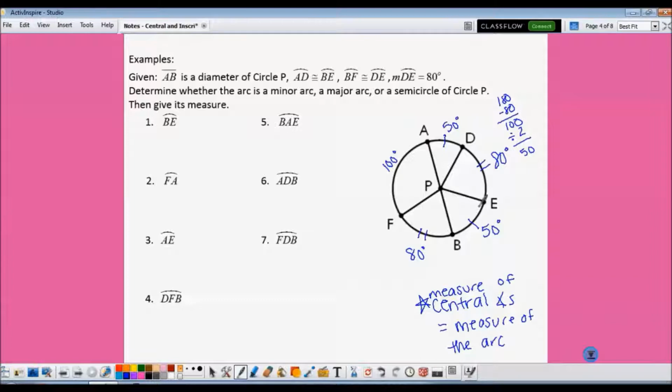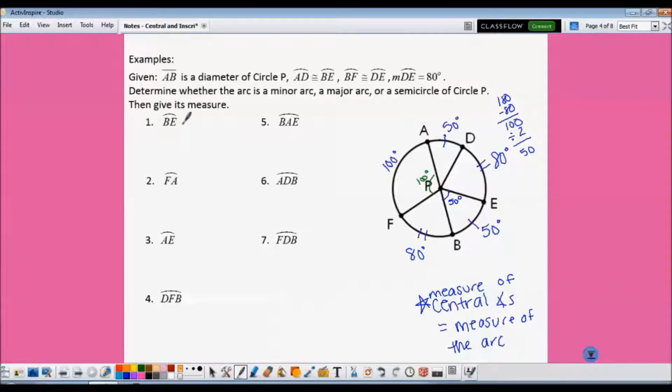So if BE is 50 degrees, then angle BPE is also 50 degrees. If arc AF is 100 degrees, then angle APF is also 100 degrees.